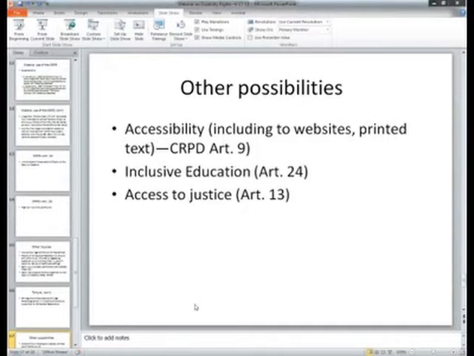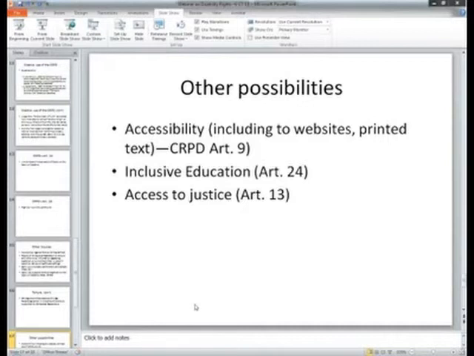And of course, as you may know as well, there's a treaty now being negotiated in Geneva for print-disabled individuals. So there are lots of things going on in terms of access to information. Article 24, inclusive education, consistent with IDEA and other U.S. statutes, is something that can be supportive.